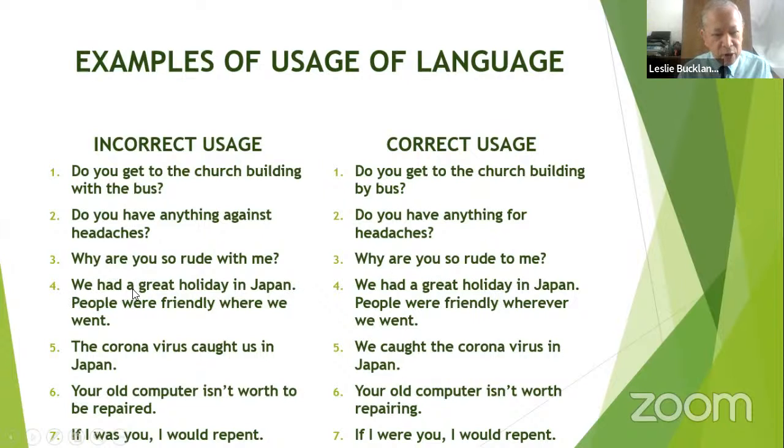Number four, we had a great holiday in Japan. People were friendly where we went. Well, you have some who say it like this, but according to the prescriptive tradition of correct usage, it is rather worded like this. We had a great holiday in Japan.